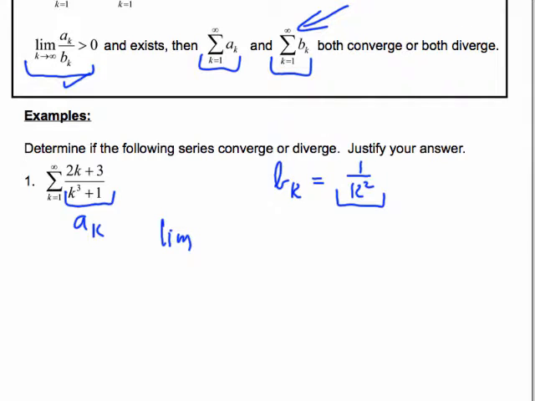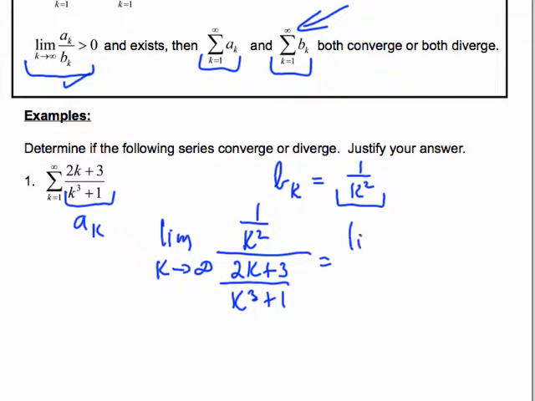So I'm going to do the limit as k goes to infinity of one sequence divided compared with the other one. That simplifies as so, and now I'm going to evaluate my limit.